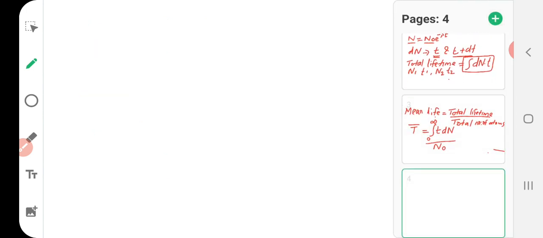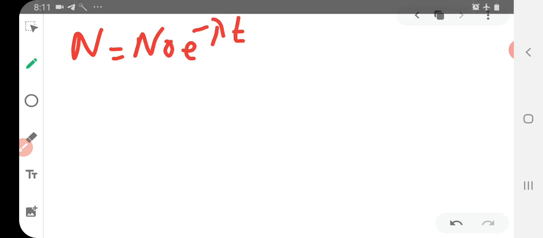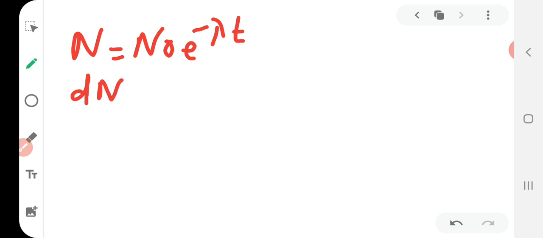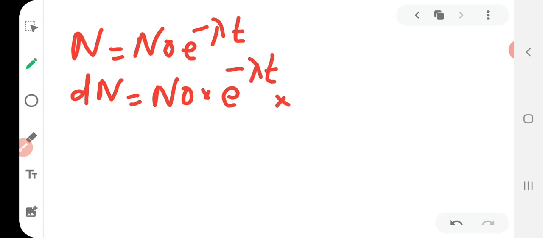So what is dN? N, you know, is equal to N0 e raised to minus lambda t. So dN will be N0, which is a constant, into e raised to minus lambda t into minus lambda dt.